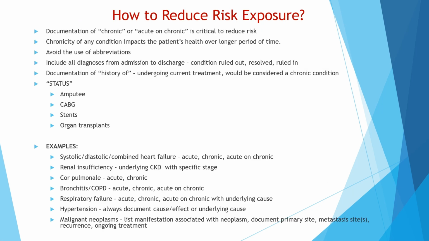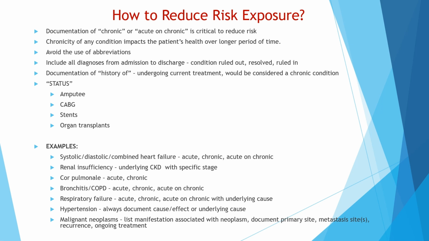How to reduce risk exposure. 1. Documentation of chronic or acute on chronic is critical to reduce risk. 2. Chronicity of any condition impacts the patient's health over a longer period of time. 3. Avoid the use of abbreviations. 4.